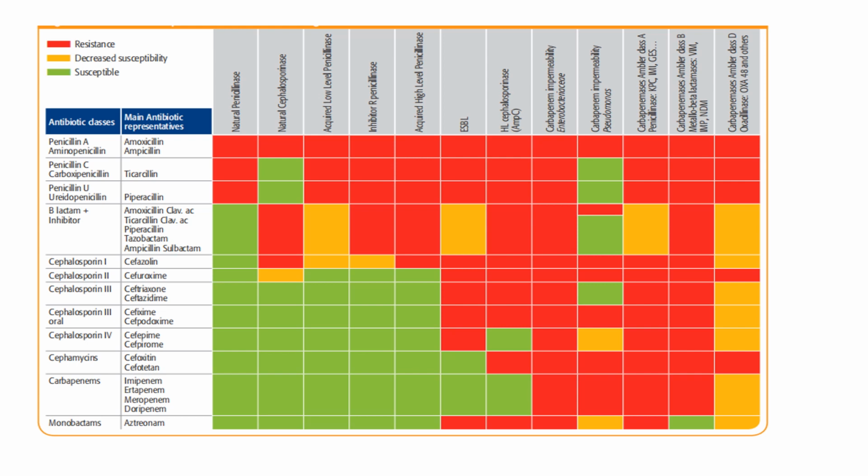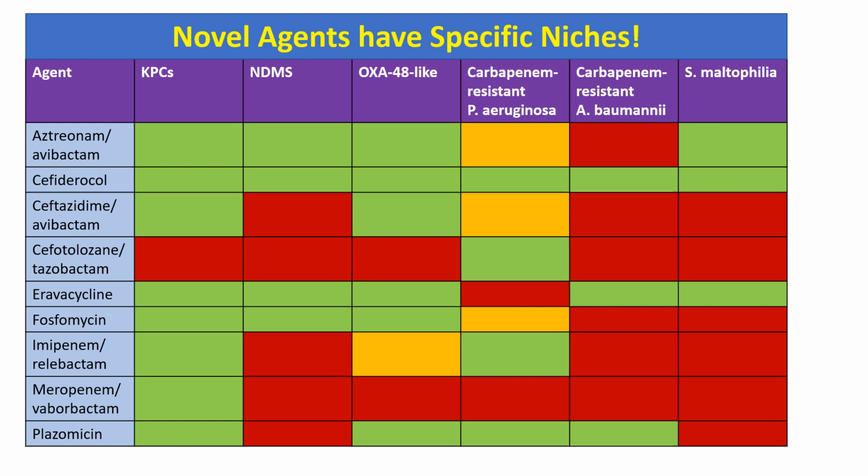If it had been an MBL producer where carbapenems were resistant, then the drug of choice would have been either aztreonam or would have tried decreased susceptible antibiotics in combinations such as beta lactamase inhibitors and carbapenems or monobactams. So there are novel agents which are specific niche.